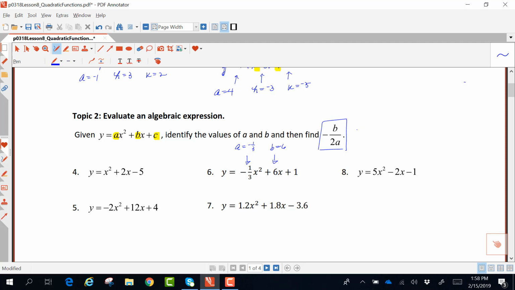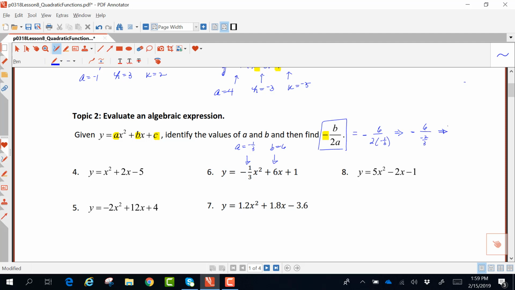We are asked to come up with the value of -b/2a. So I repeat the negative, and then b is 6 over 2 times an a value of -1/3. This equals a -6 over a -2/3.